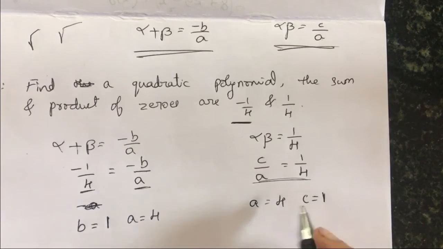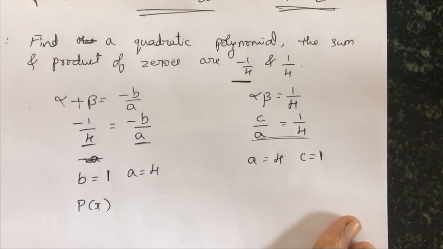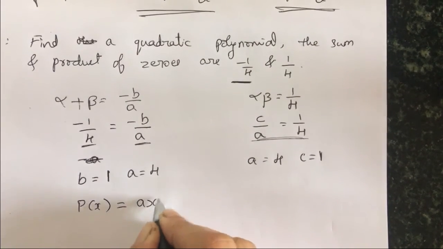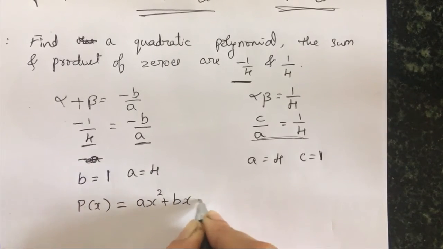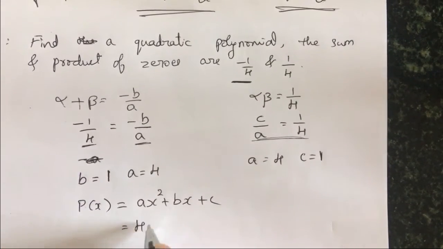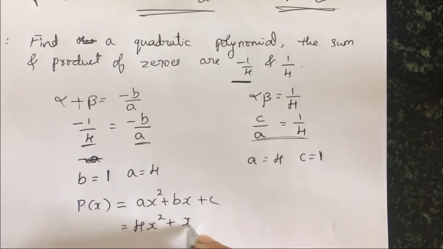Okay, so you got A, B and C values. So how is any quadratic polynomial, how are we writing? P of x equal to ax square plus bx plus c, right? So A value is 4, 4x square plus B value is 1, so I'll directly write x plus c, which is 1.